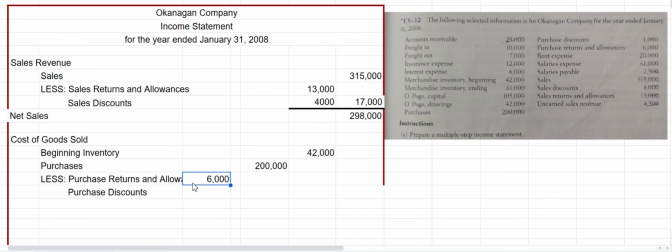Anyways, let's move on. After purchase discounts, purchase discounts is 1,000.